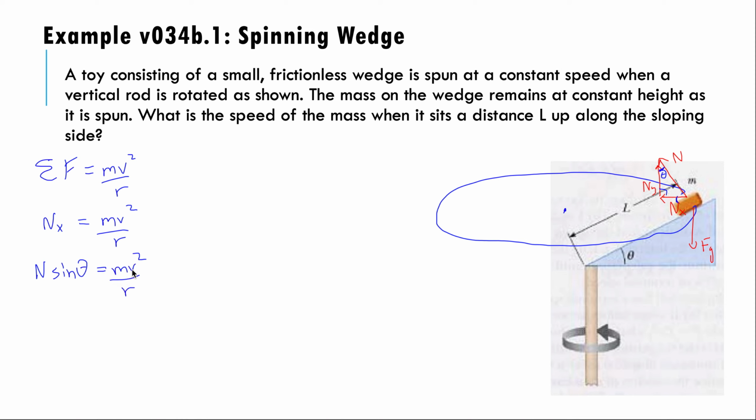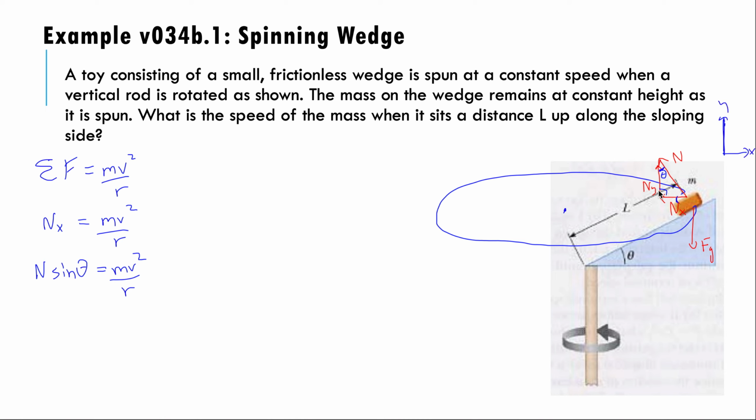Now, if we could solve for v and just write it in terms of n and r, we'd be done. But we want to write our answer in terms of the variables that we are given. We are given m, L, and theta in this problem. So let's figure out what n is. Do you have any idea how to do that? In general, what we can do is look at the y direction, or any direction that's in equilibrium, which happens to be the y direction in this case.